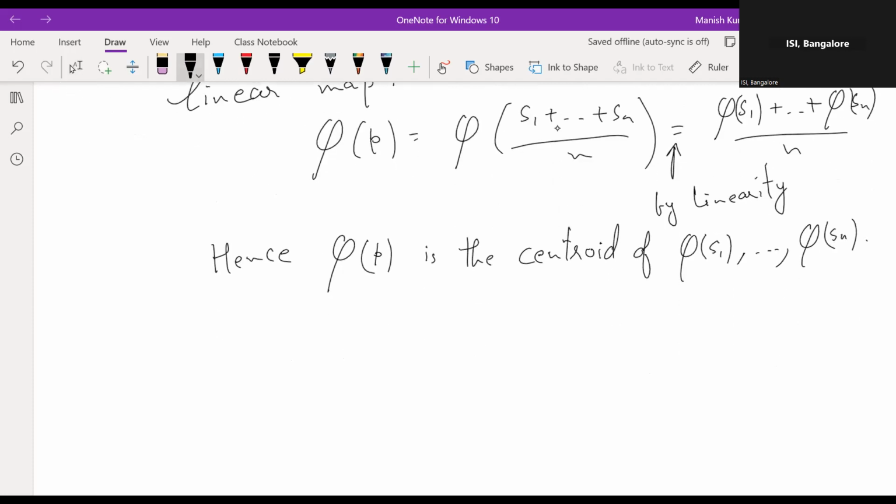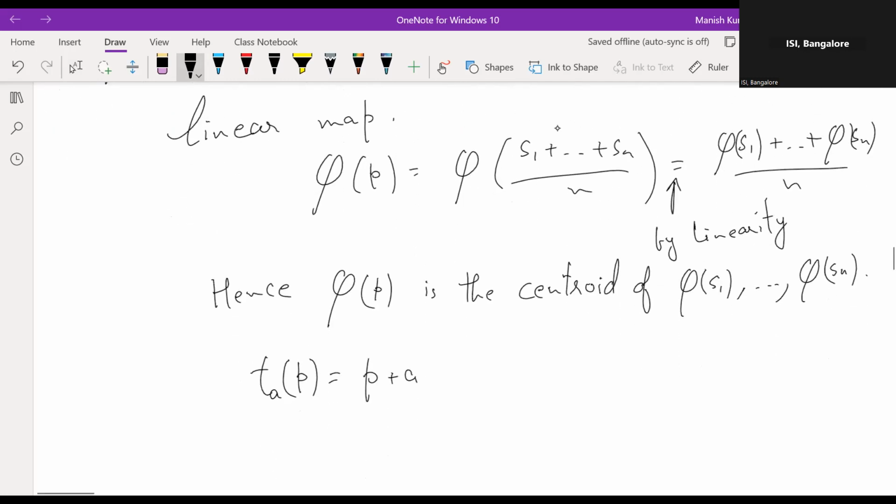Now for translation, TA of P. What is TA of P? It is just P plus A. And we want to show that P plus A is actually the centroid of TA of S1 to TA of Sn.